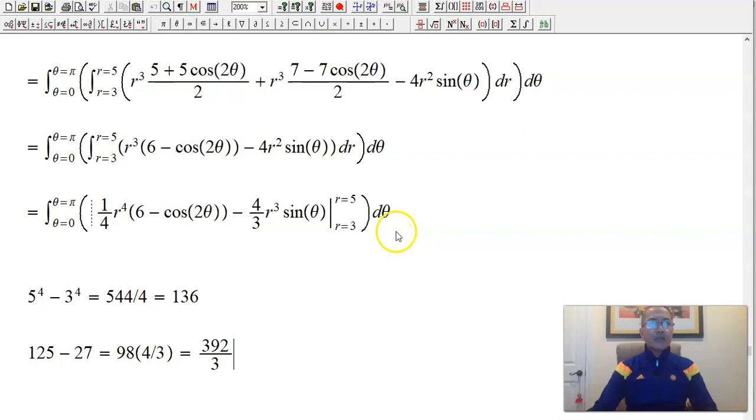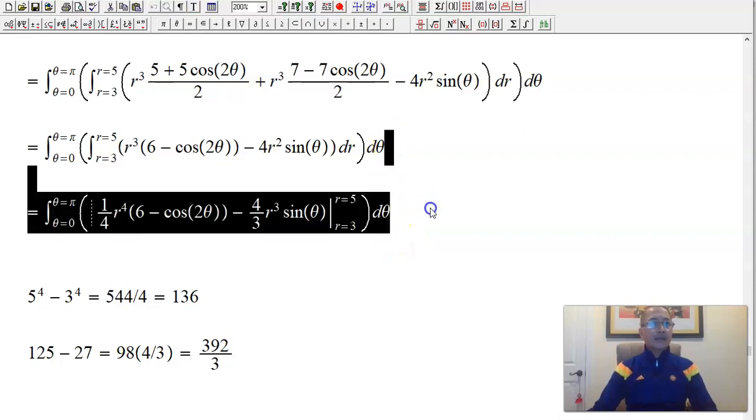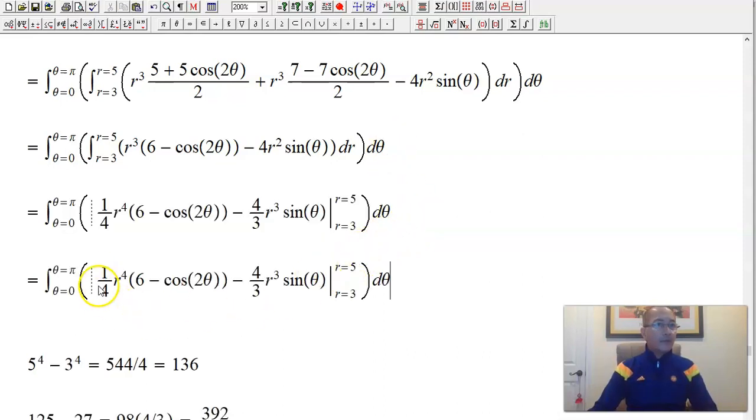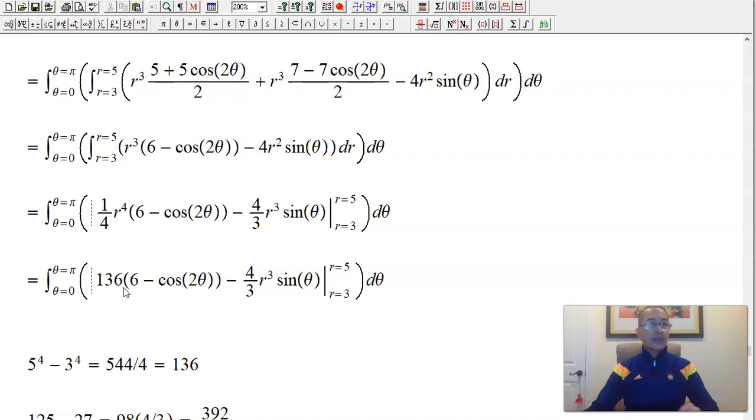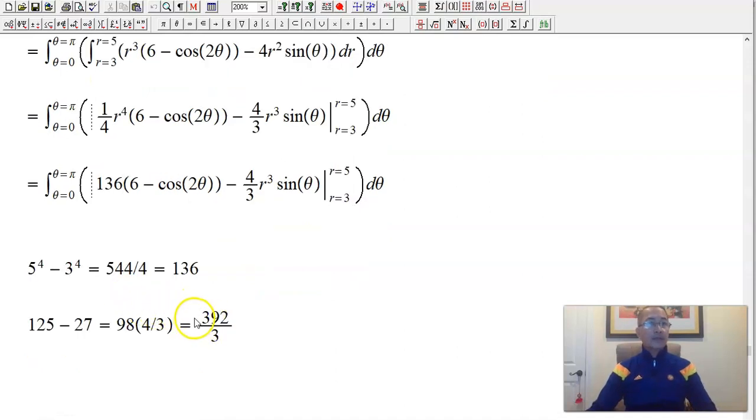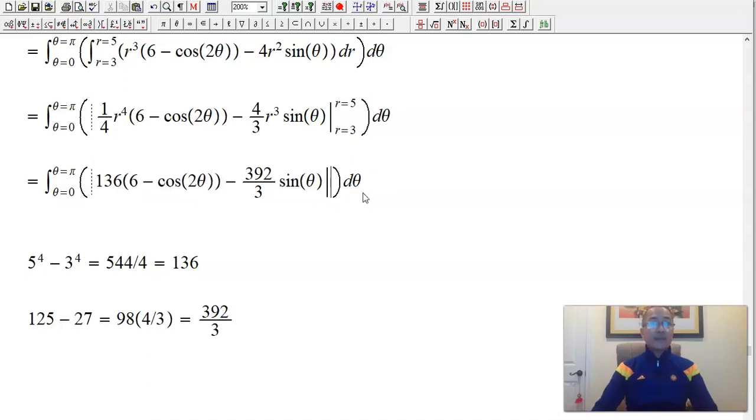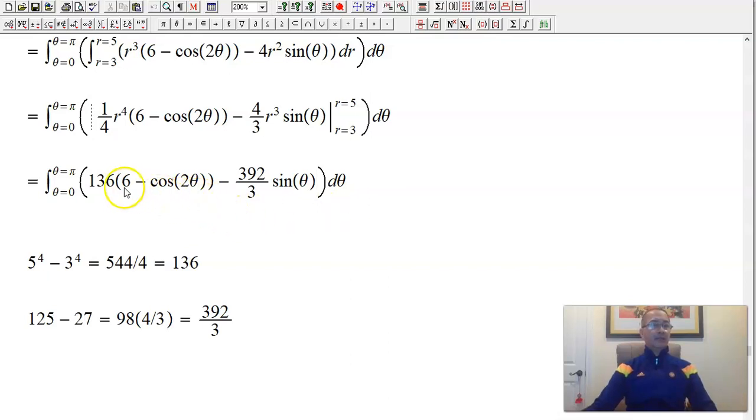So the first one is 136, and then the second one is 392 over 3. We have paid for the evaluation. Okay, I believe that looks good.